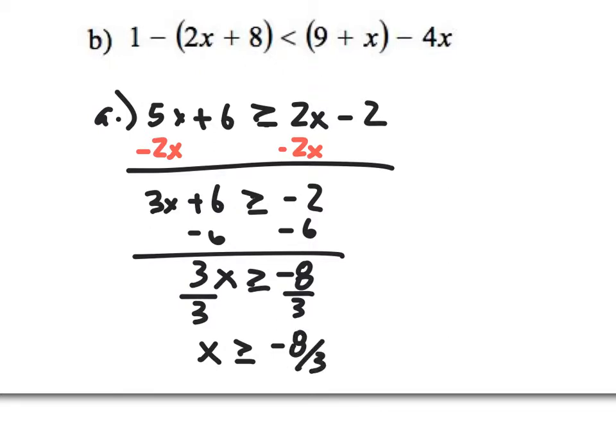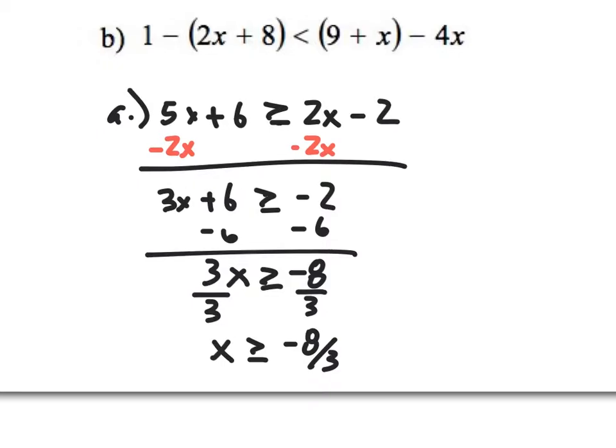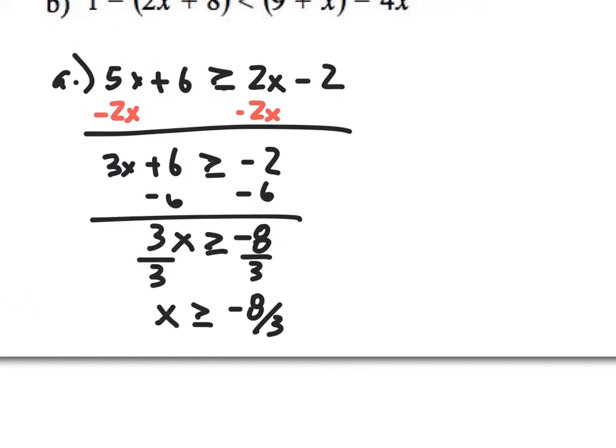In order to put this in interval notation, usually I graph it, a simple little graph. I put a 0, and negative 8/3 is to the left.